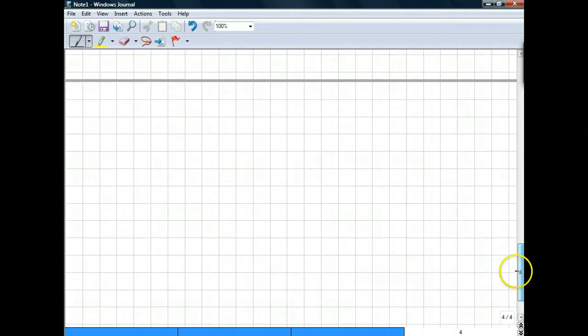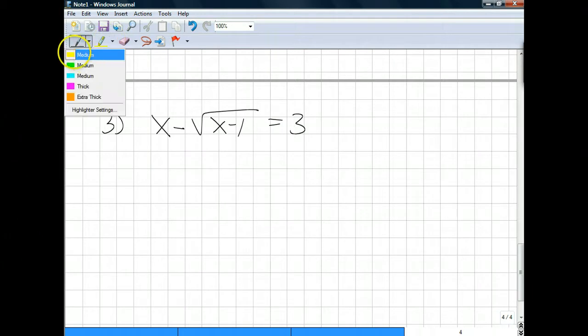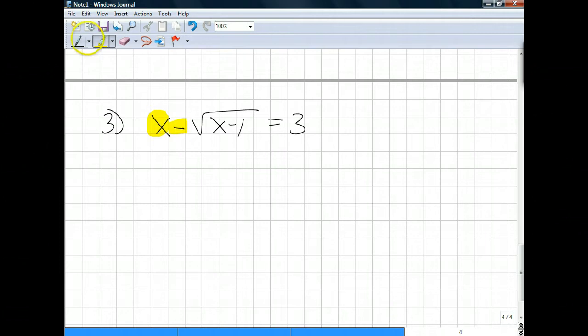Okay. Example 3, x minus the square root of x minus 1 equals 3. All right, so again, step number 1, isolate the radical. So on the same side of the radical, I have this x and I have this negative, so I have to get rid of both of them. So I'm going to subtract x from both sides.